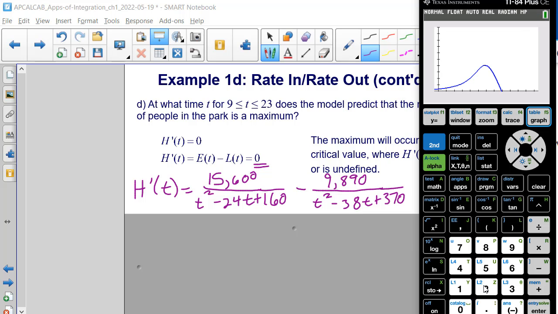Graph. Okay, here's what our derivative looks like, and we're trying to find where the derivative is equal to 0. Notice it only crosses the x-axis right here, so we can go to second calc, and we're finding the 0. We've got to go to the left of it, and this is fine.